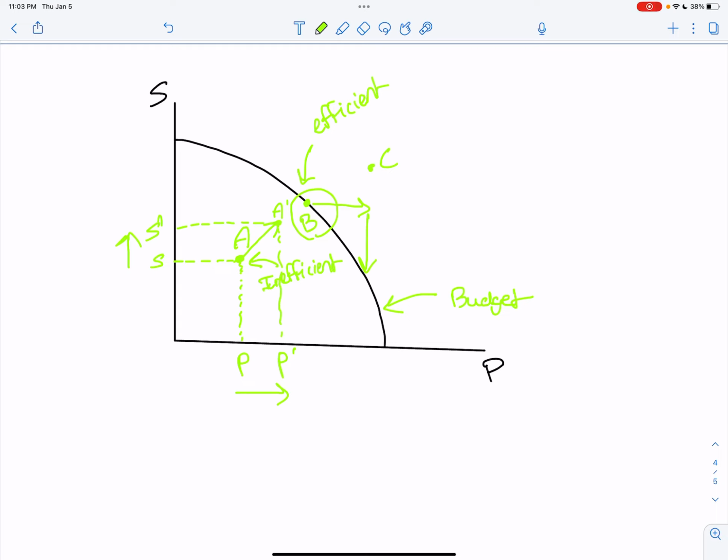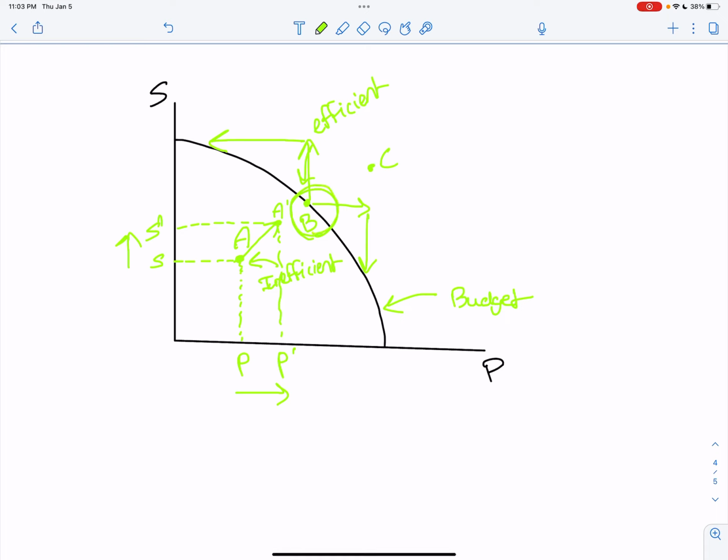Similarly, if it wants more stadiums, so it wants to move in that direction, it must give up parks. So in other words, there are opportunity costs at this point in time.